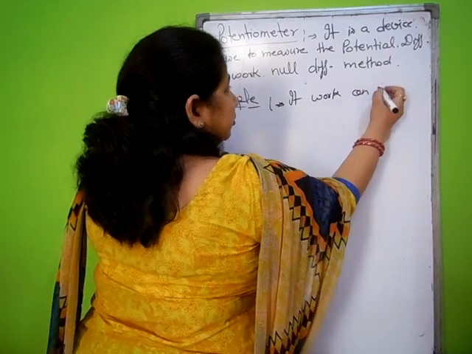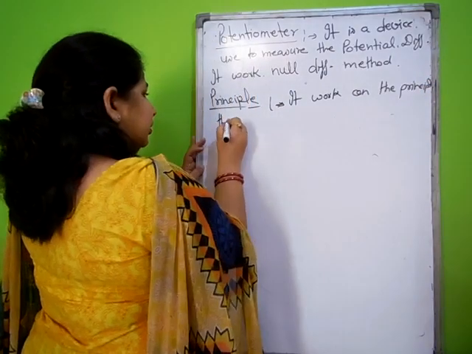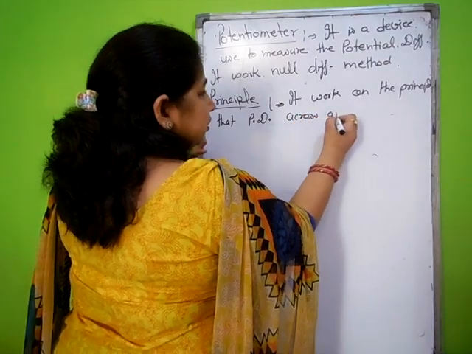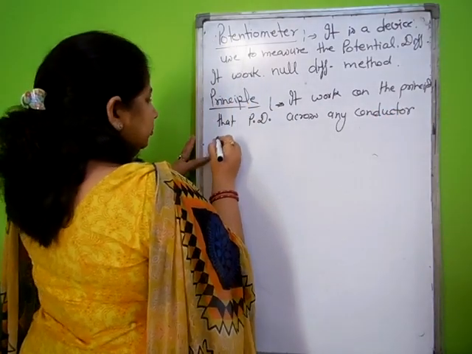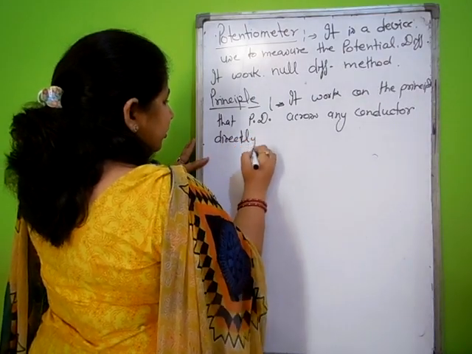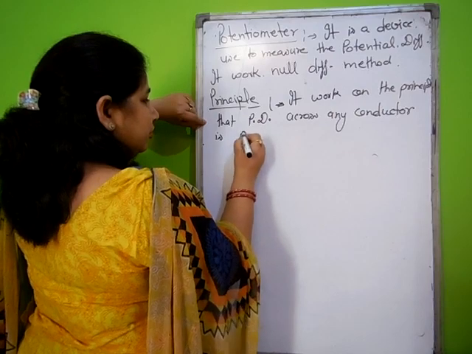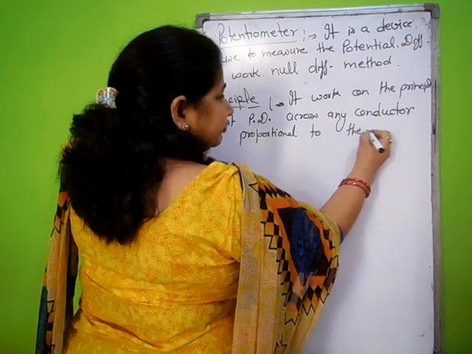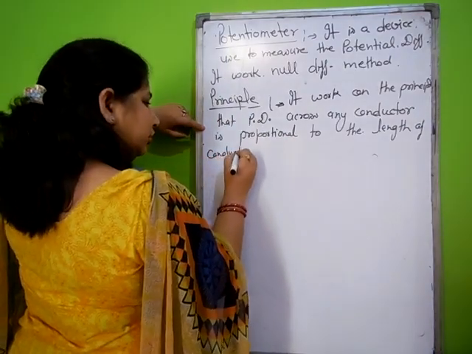It works on the principle that potential difference across any conductor is directly proportional to the length of conductor.